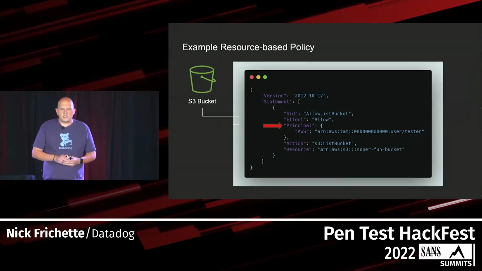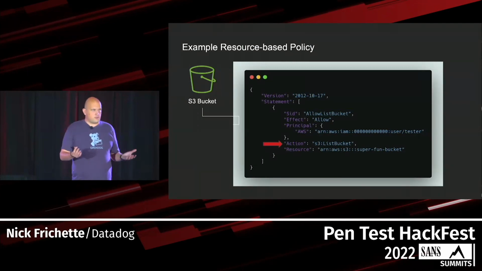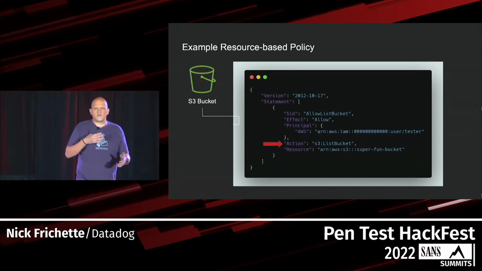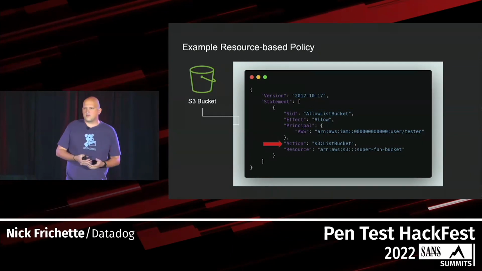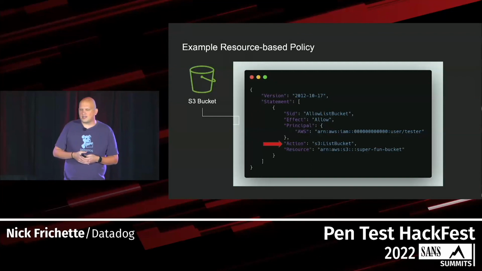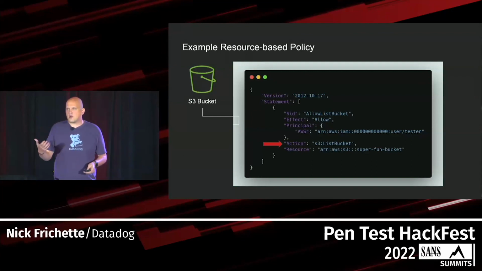The next element that's worth mentioning is the action. This is the actual AWS API call that is either permitted or denied by the policy. And this is sort of the second most common thing that can be abused in a resource policy. If, again, that action is too broad, scoped too widely, you may have an opportunity to abuse that resource in some way.